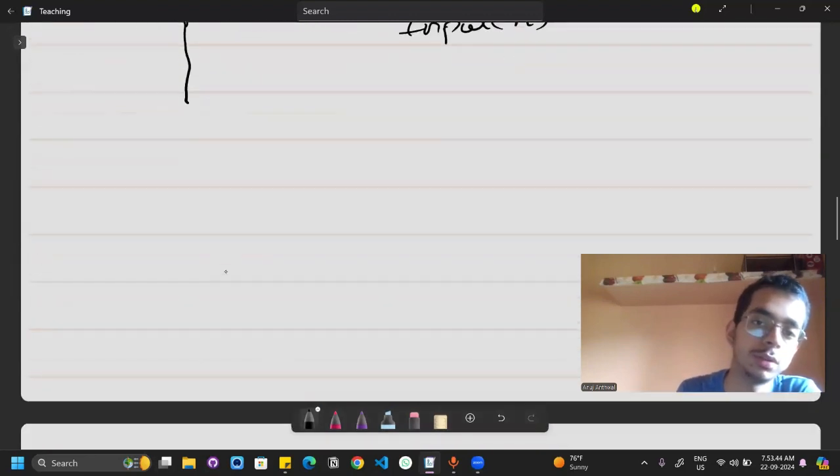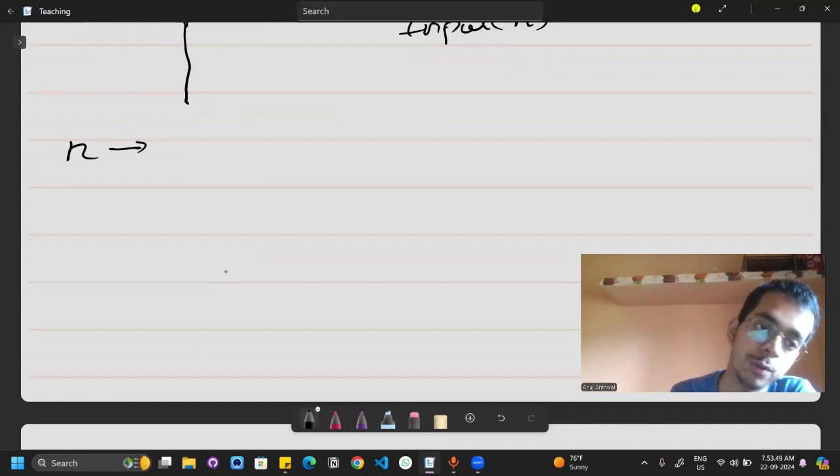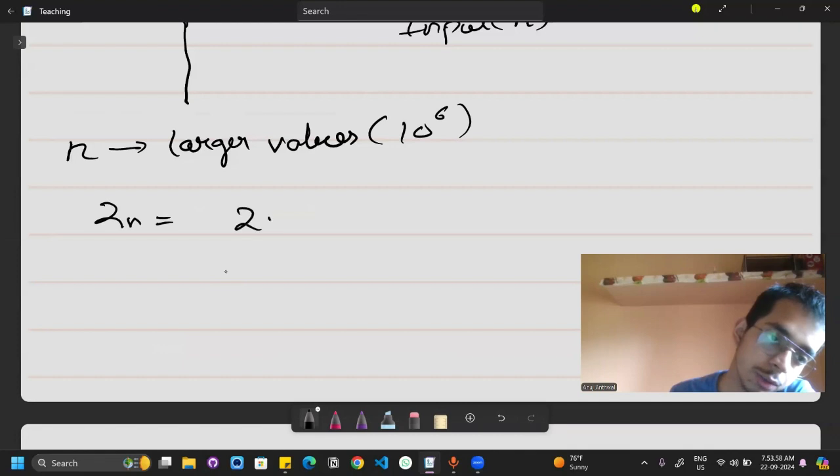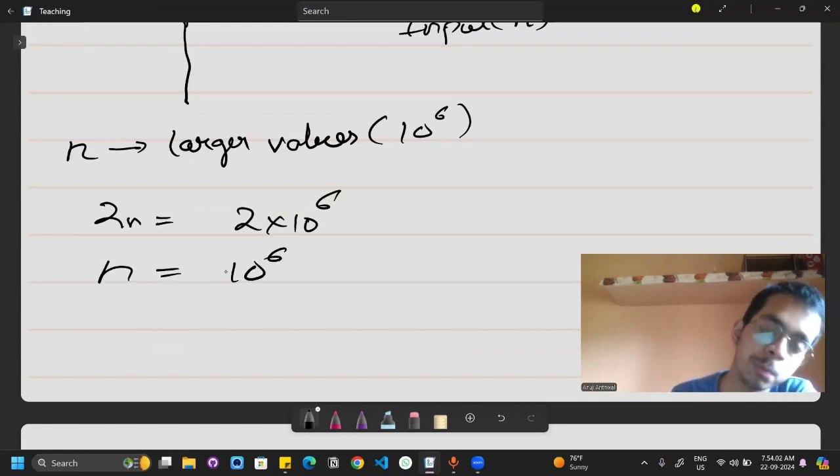So if n goes to larger values, let's say 10 to the power 6, then 2n is 2 into 10 to the power 6, and n is equal to 10 to the power 6.